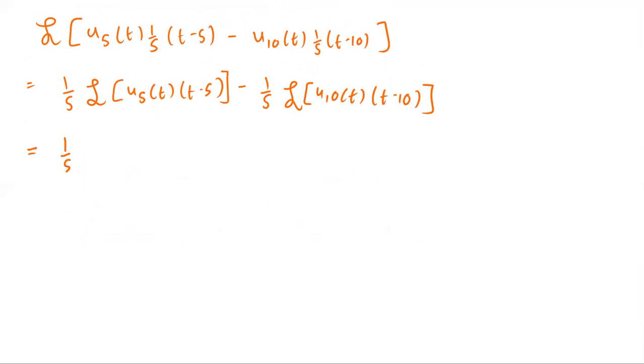So the 1/5 stays there. Right? So we get first a term, e to the negative cs, in this case c is 5, so negative 5s, times the Laplace transform of the unshifted version of the function. The unshifted version is just t, because t is the function that was shifted 5 units to the right. We know that the Laplace transform of t is 1 over s. So this just becomes times 1 over s.